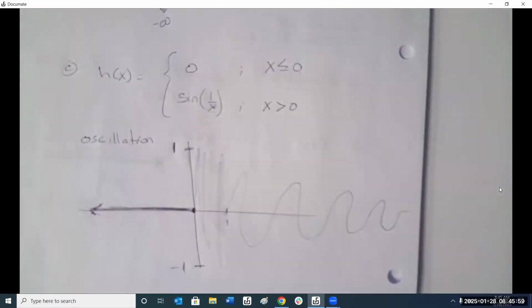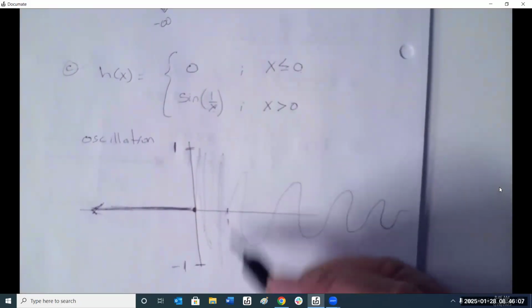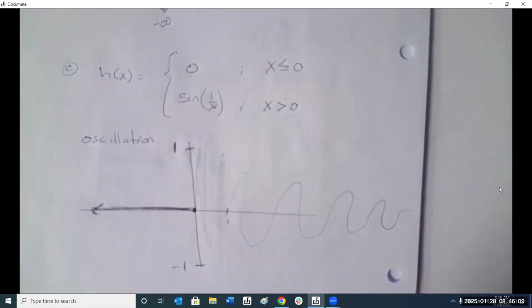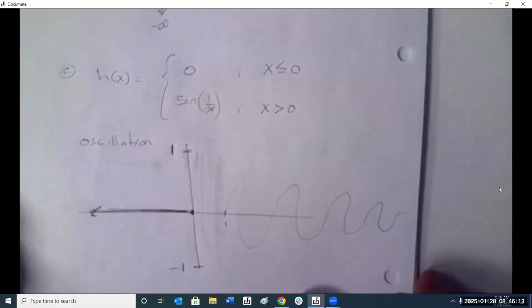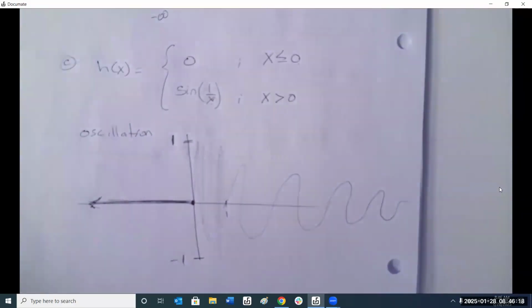The maximum and minimum have to stay between there. But between 0 and 1, it's very sporadic, and then it dampens out. So those are examples where the limit doesn't exist: if it's a discontinuity, if it goes to infinity, or if it's oscillatory.